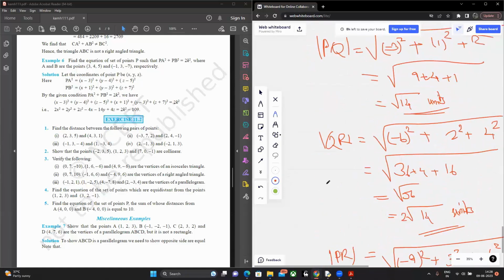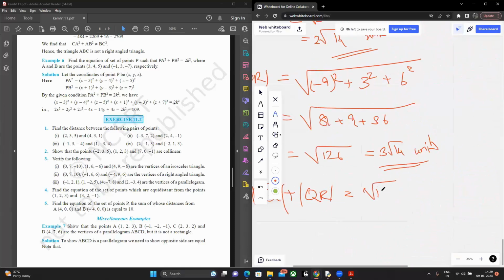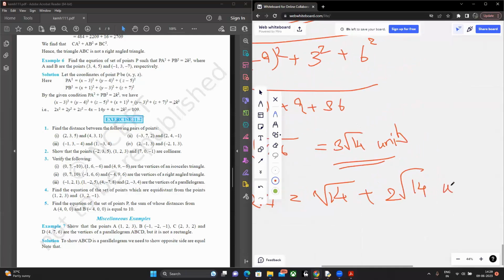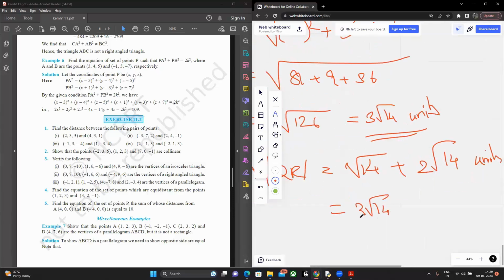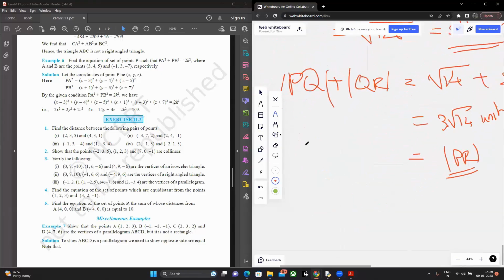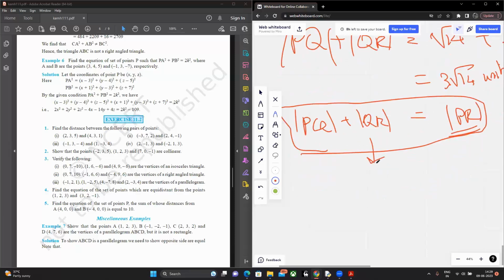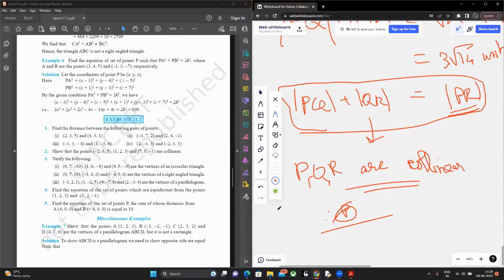So we have mod PQ plus mod QR is root 14 plus 2 root 14 units, which is basically 3 root 14 units, which is equal to mod PR, right? Therefore, mod PQ plus mod QR is equal to mod PR. This implies that P, Q, R are collinear. Therefore, proved, right?